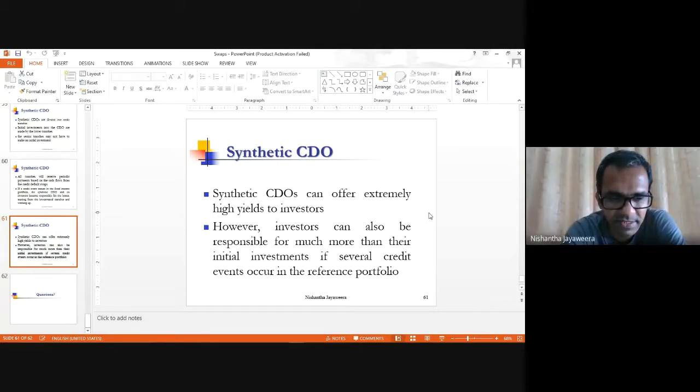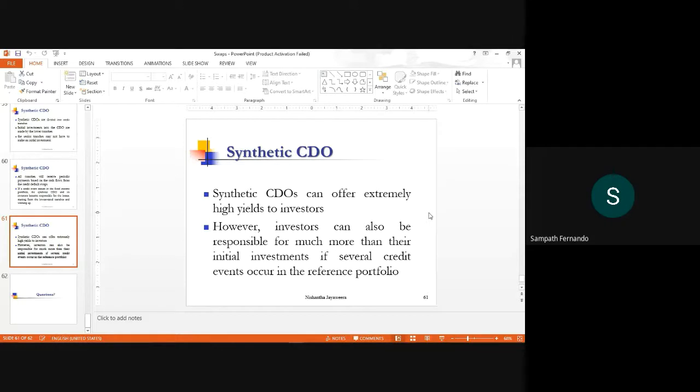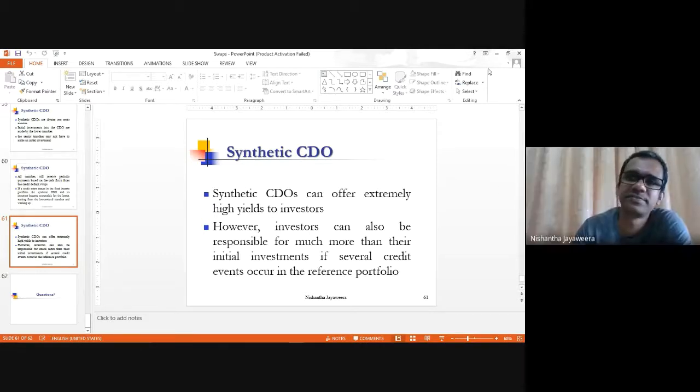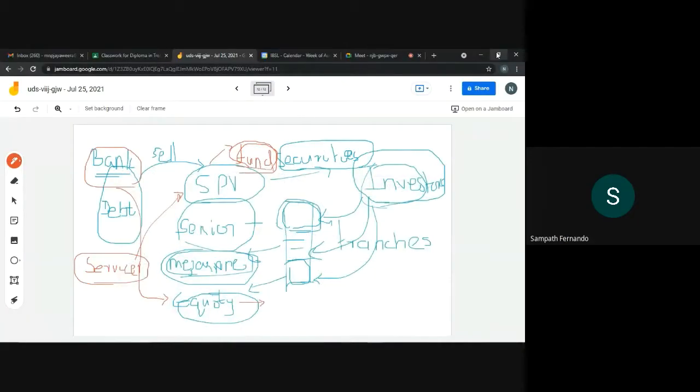We discussed delta and the cumulative delta. That means, what is the delta? We discussed up to the cumulative delta for a portfolio. There were some other problems.